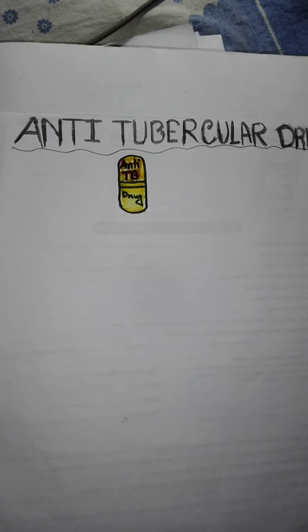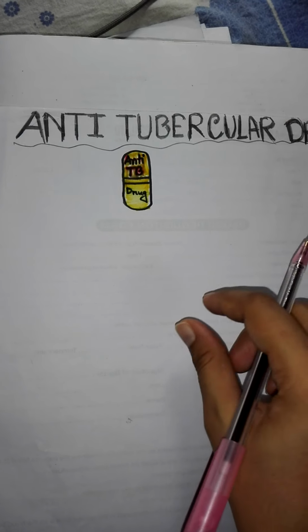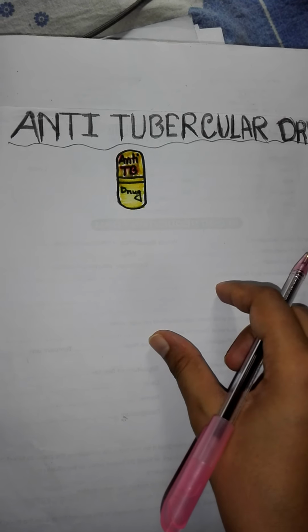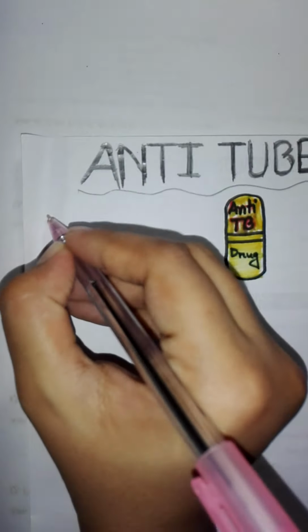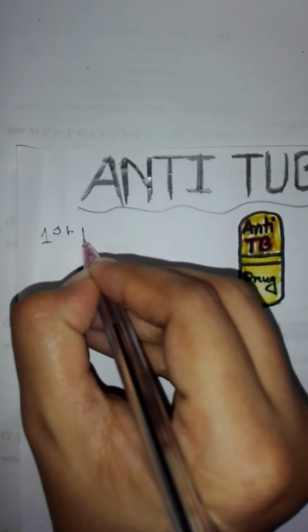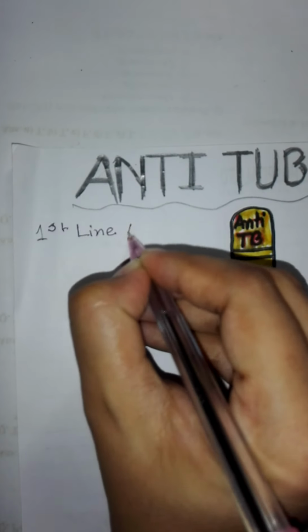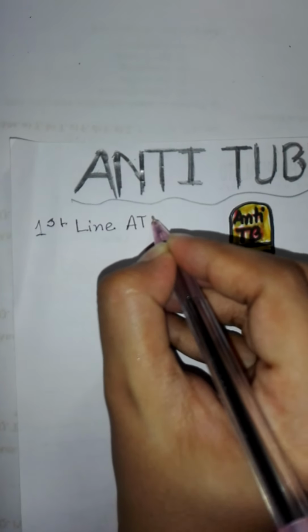At first I tell you the name of anti-tubercular drugs. It is divided into two categories: first line drugs and second line drugs. Now, what are the first line anti-tubercular drugs?